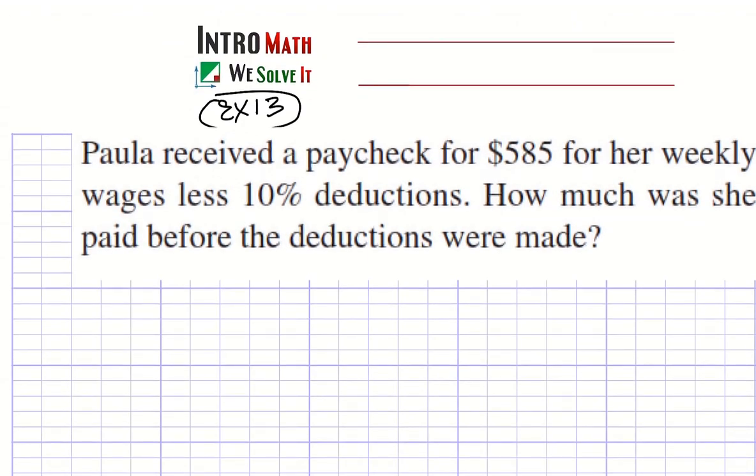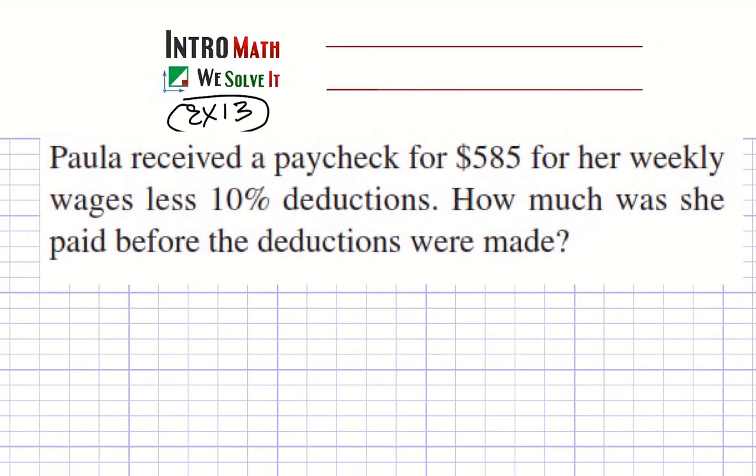The same thing, payroll. It's a payroll problem. Paula received a paycheck for $585 for her weekly wages, less than 30% deduction. How much was she paid before deductions were made? Read that carefully. She got a check of $585, right?